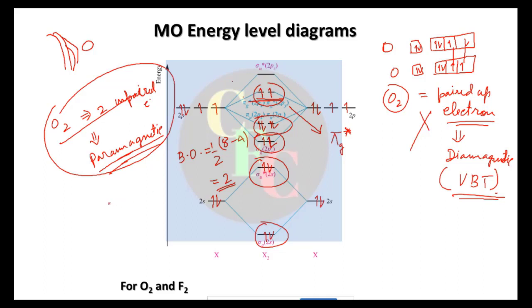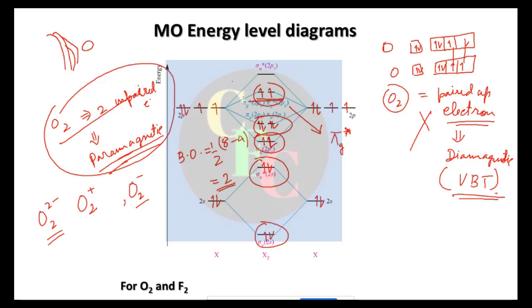If you know this picture of the molecular orbitals of dioxygen, you can easily find the bond order of other dioxygen species, that is O2 plus or O2 minus, all these things, right? Or O2 2 minus. O2 minus is superoxide and O2 2 minus is peroxide.